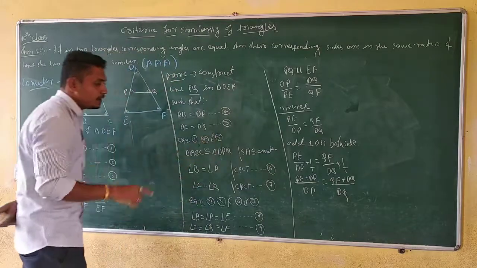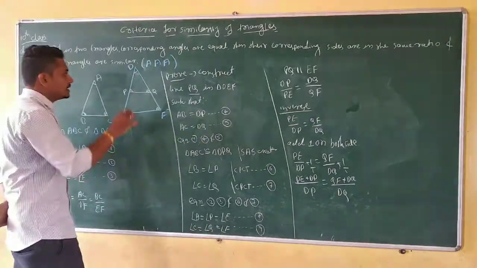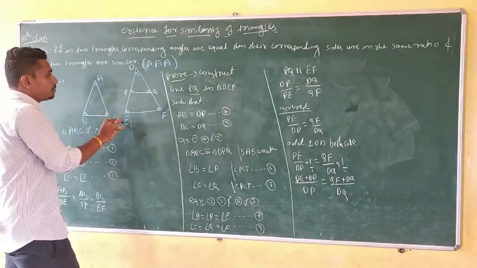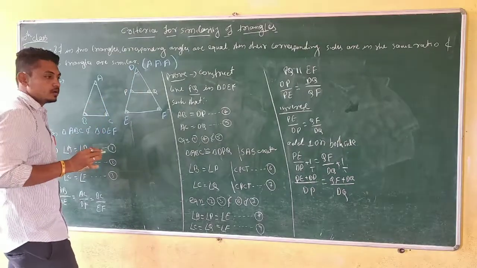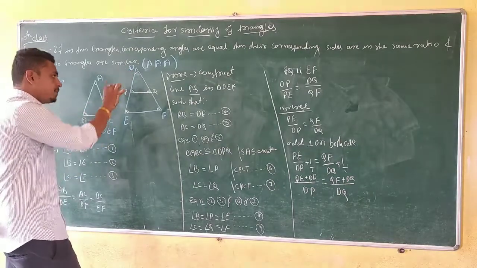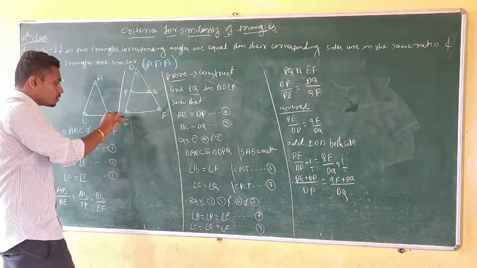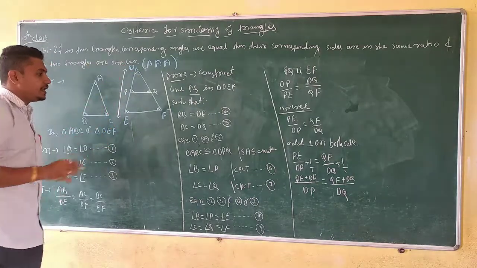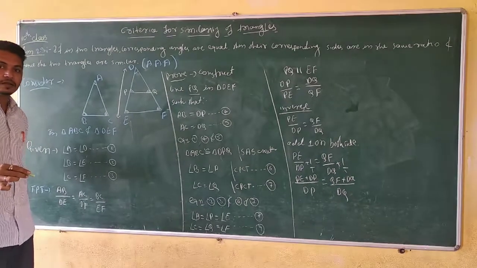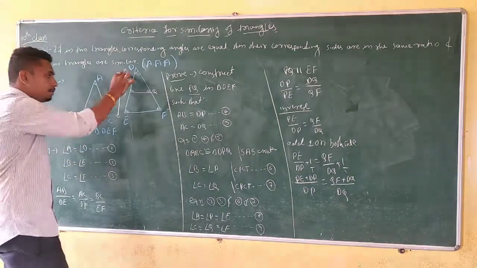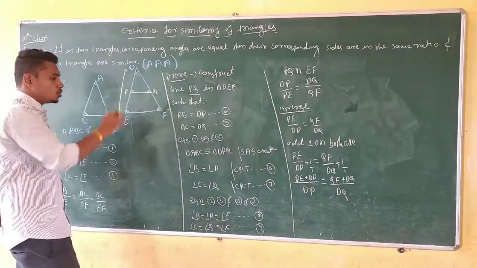Now see here, PE plus DP, or DP plus PE, is equal to DE.